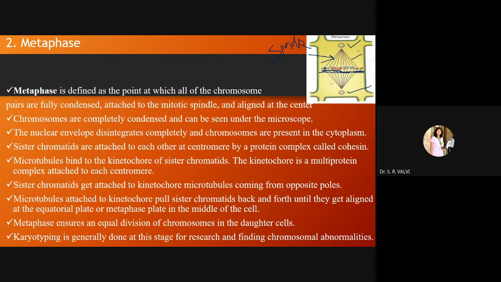Okay, some spindle fibers run from one pole to another pole without attaching to chromosomes, but many spindle fibers run from this one pole, attach to the centromere of the chromosome, and again attach towards here.